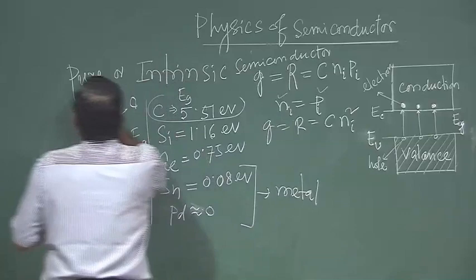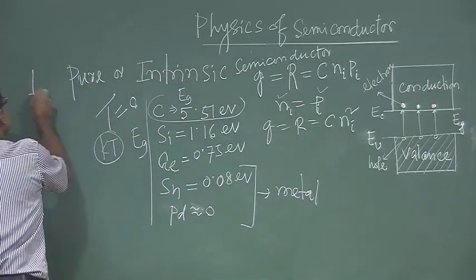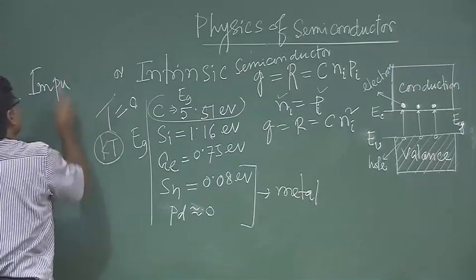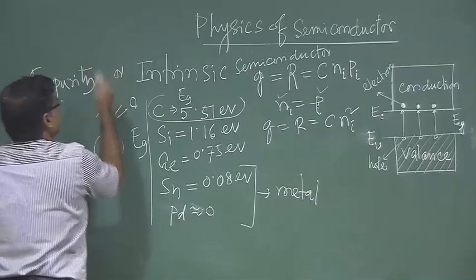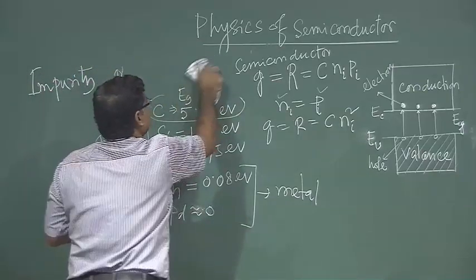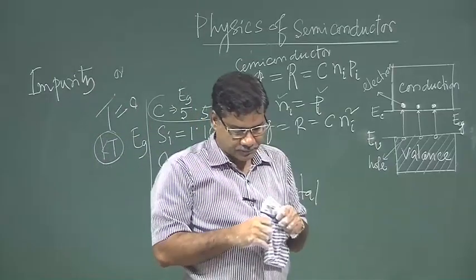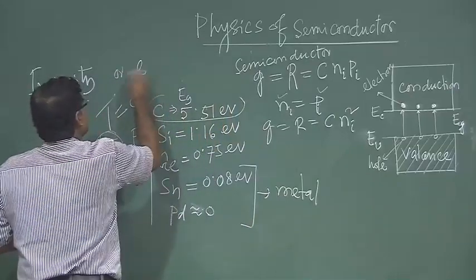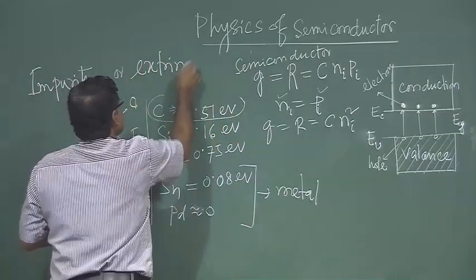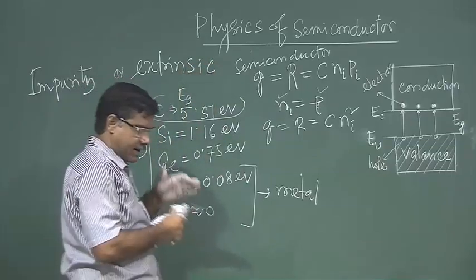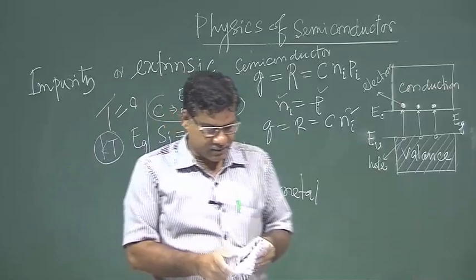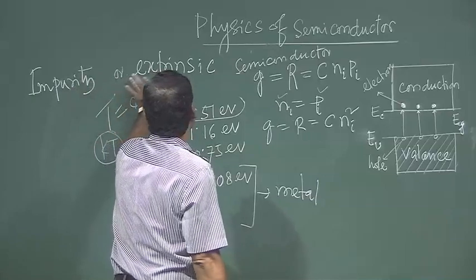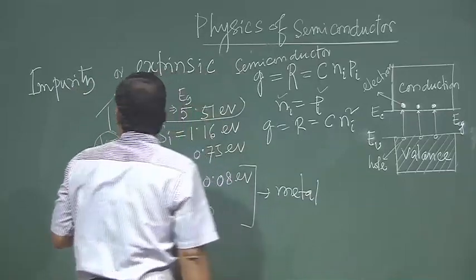That is called the impurity or extrinsic semiconductor. Different people use different names.